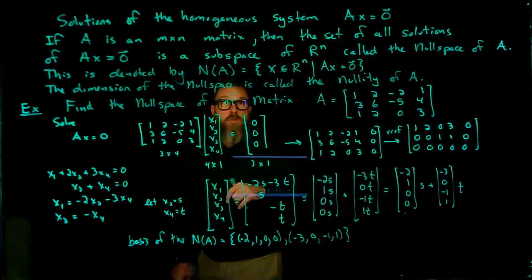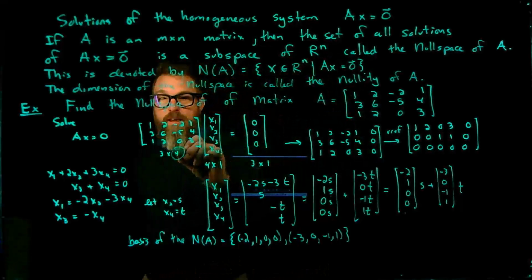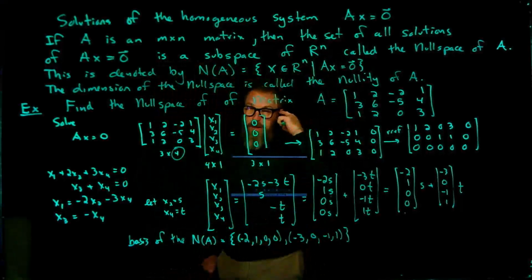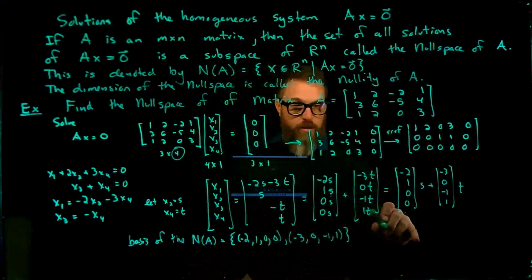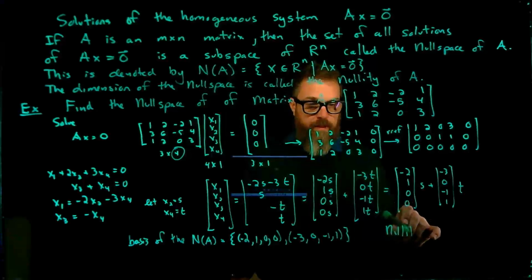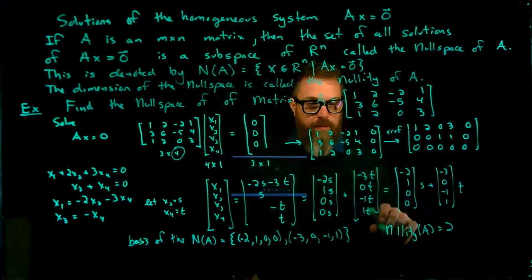Now remember, this is supposed to be a subspace in Rn. This is a two-dimensional subspace of Rn, so I would say the nullity of A is equal to 2.